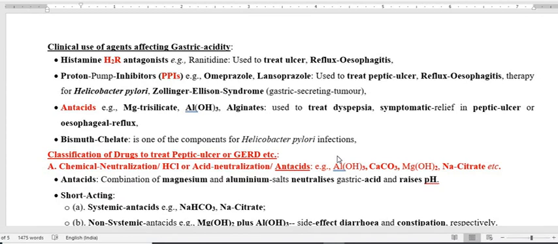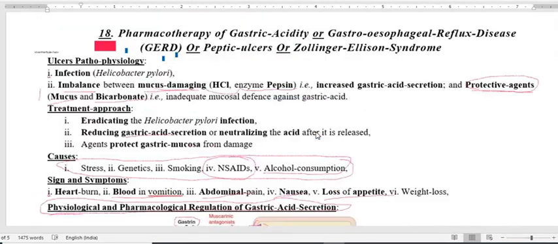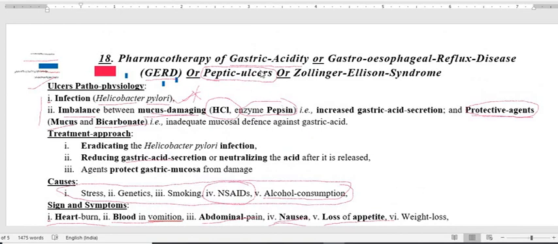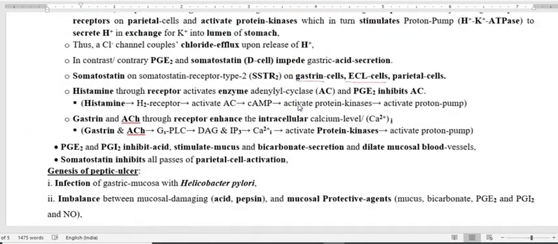So now we have to classify the drugs, and these drugs are to be used for the therapy of conditions like gastric acidity, GERD, peptic ulcer, and hyperacidity conditions like Zollinger-Ellison syndrome. So now we have to go through the classification of the drugs.